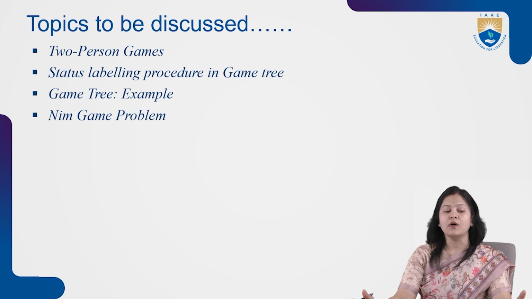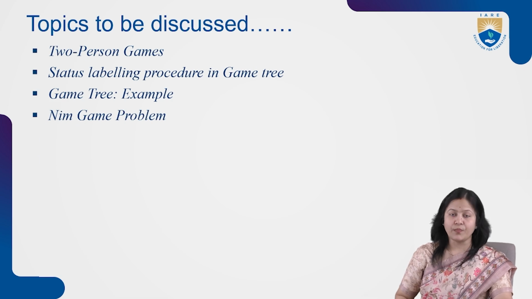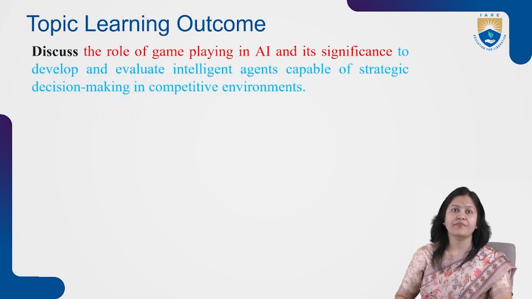That means how to identify or apply the status to the non-leaf nodes if the leaf node statuses are given to us. Then we'll discuss one of the status labeling procedures with the help of one example. Then one of the classical examples of the game tree is the Nim game. So these are the topics I'm going to discuss today.